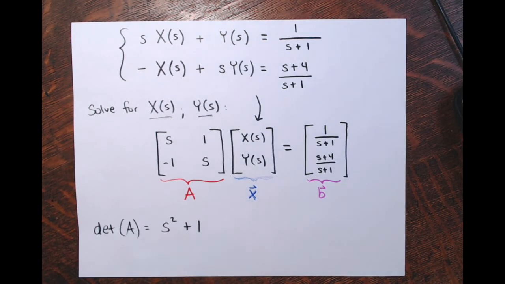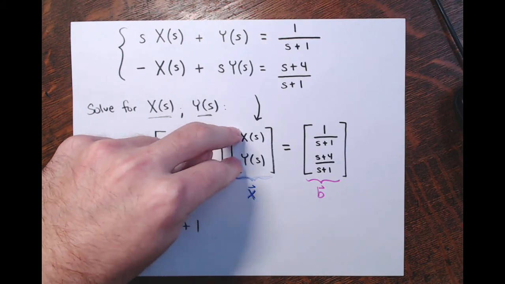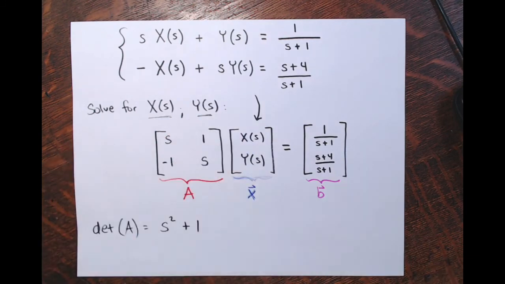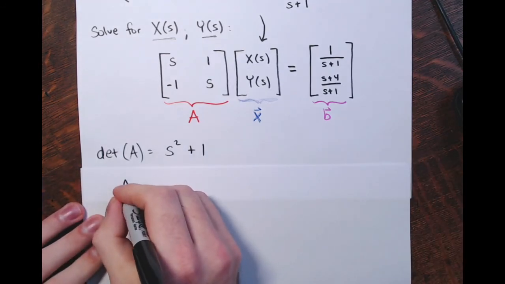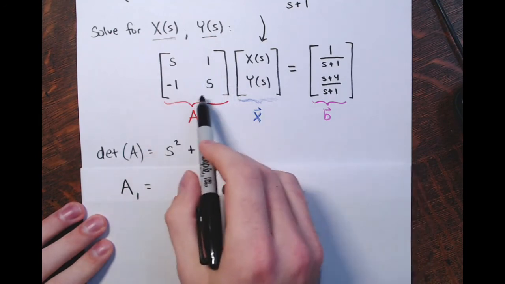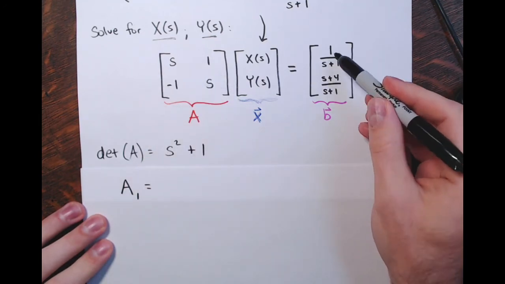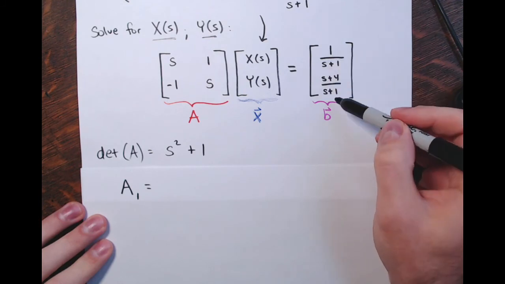All right, then I've got these two unknown functions I'm looking for, x of s and y of s. So I'm going to create these two matrices, starting with A1. A1 is again the coefficient matrix, but the first column is replaced by the constant matrix B over here.